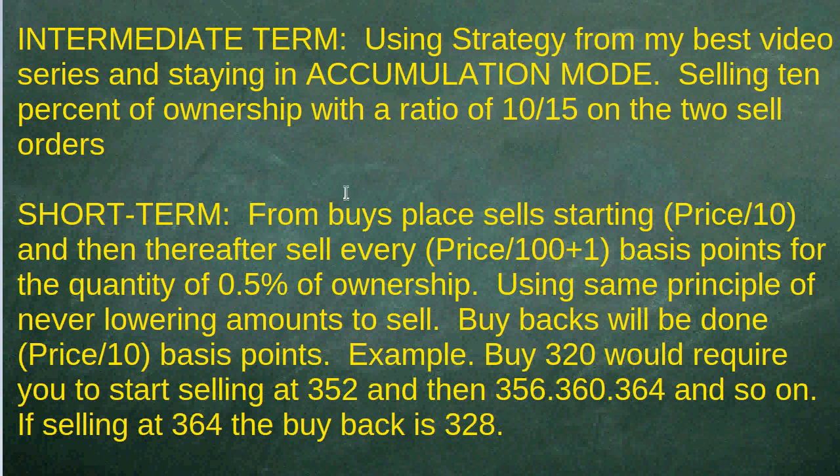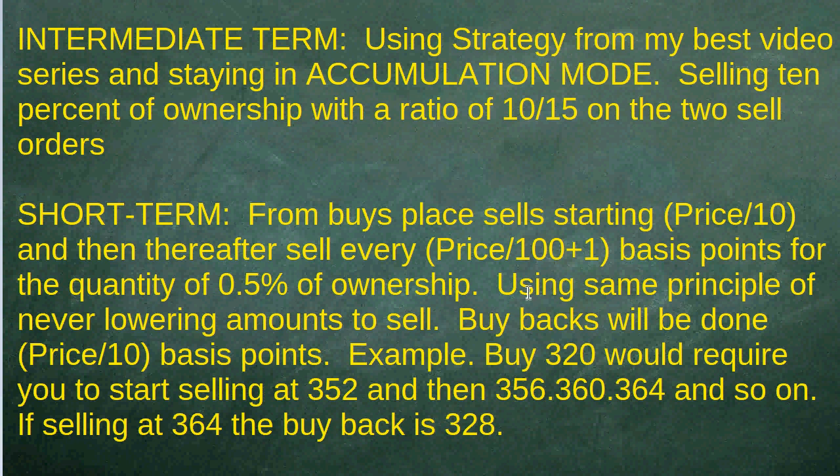So in this example, I'll start off with say 100,000, and amongst that, I will be selling on this one, 10,000 for intermediate term sells and 500 for short term sells. And I'm going to be using the same principle of never lowering amounts to sell.